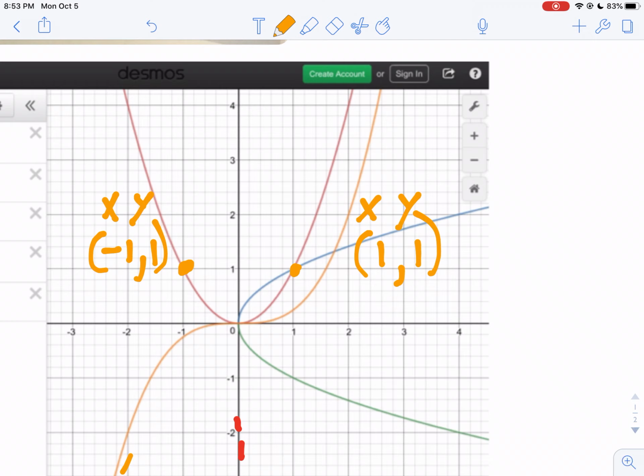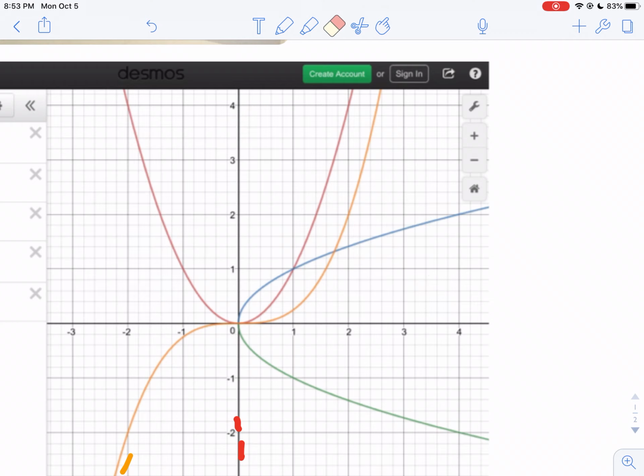So you will notice that a function or an equation is symmetrical about the y-axis if you replace your x by -x and you get the same function back. So the value in question is the x value. When you put a negative x into the equation, you get the same equation back.